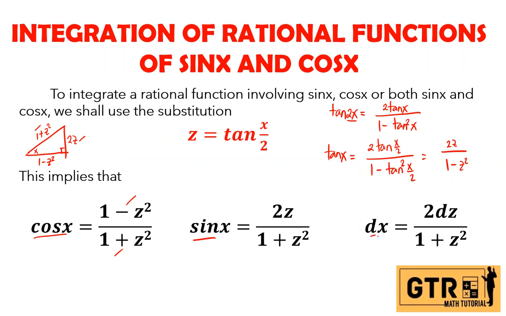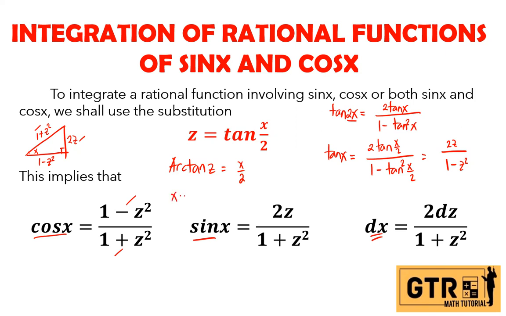And then for the dx, we will solve for x in this equation. z is equal to tangent x over 2. To solve for x over 2, we use arctan, since the inverse of tangent is arctangent. Arctangent z is equal to x over 2, and then multiply both sides by 2.